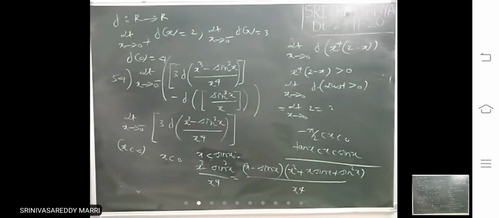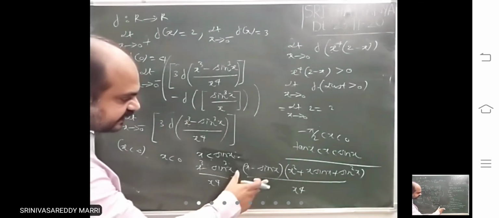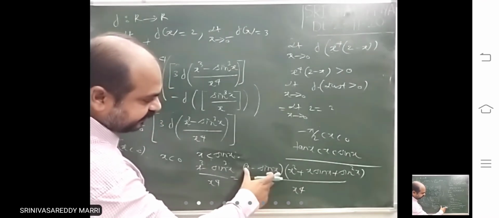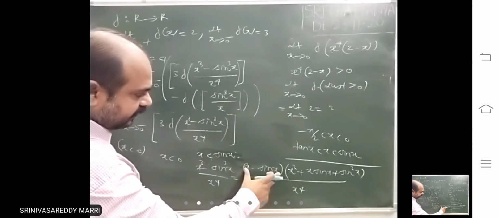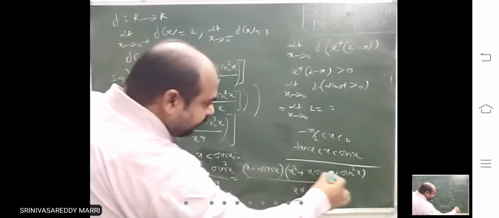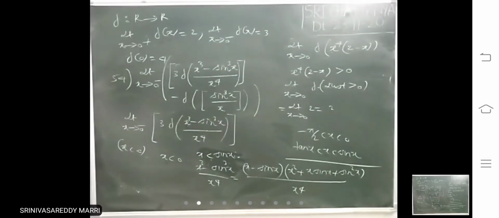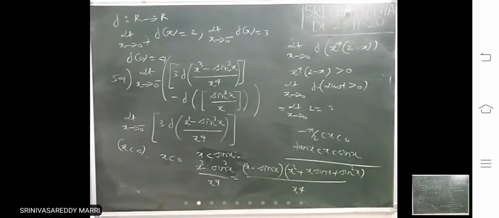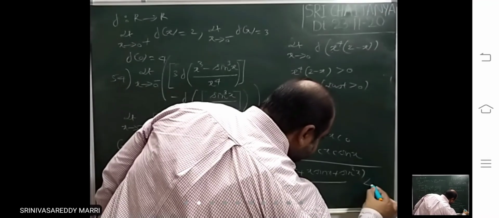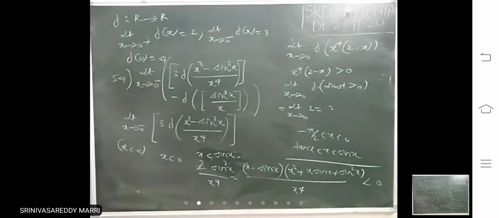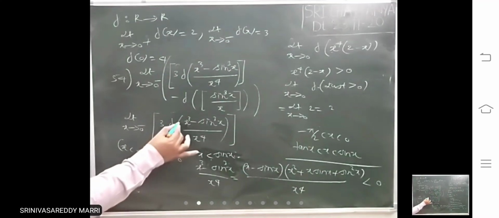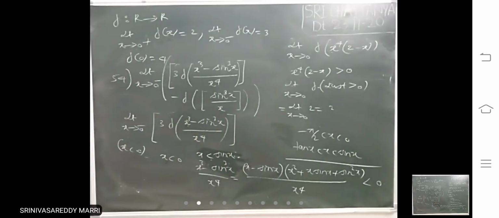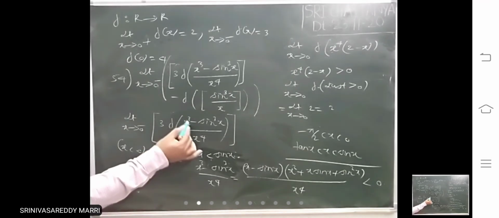Now if x is just less than 0, this will become negative, and this is positive and this is positive. That means this expression will become negative. Therefore this will be just negative.